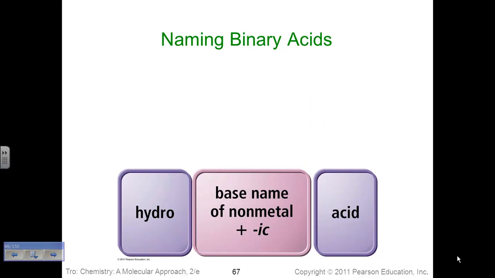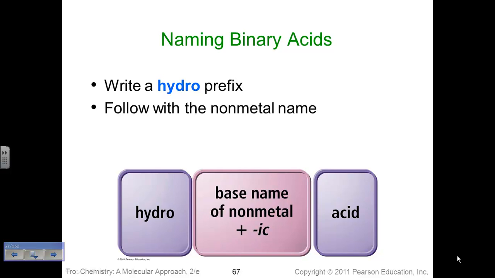If acids start with an H, we'll learn how to name them based upon what the last name is. What is it hooked to determines how we go about naming an acid. If the original ending of the anion was an IDE, that's telling me it's a monoatomic anion.